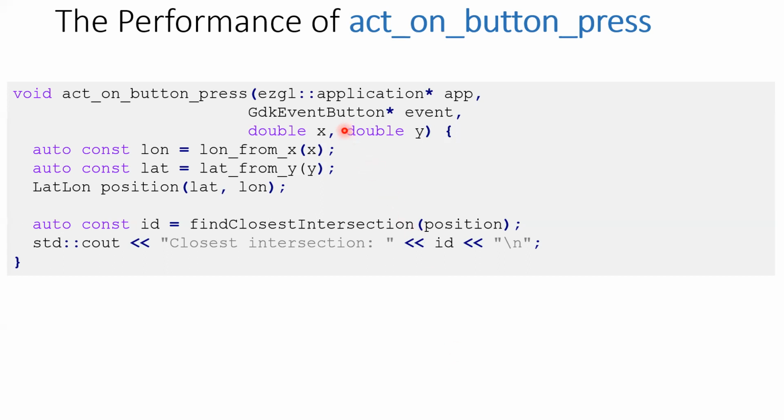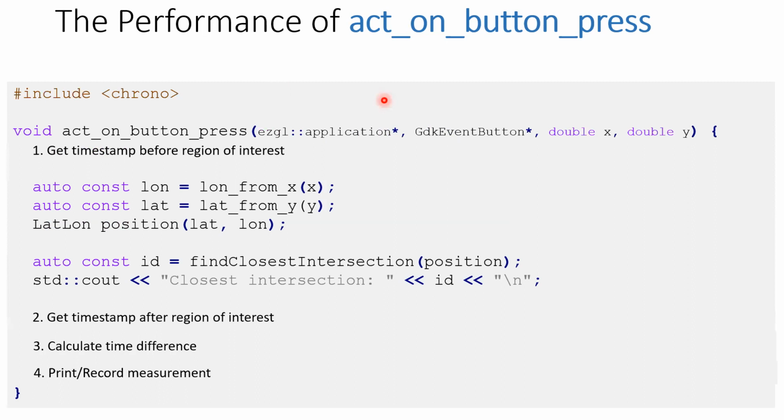For example, if we are measuring the performance of the act on button press function, before everything, you get the timestamp. Then after everything, get the timestamp, calculate the time difference, and print or record it.